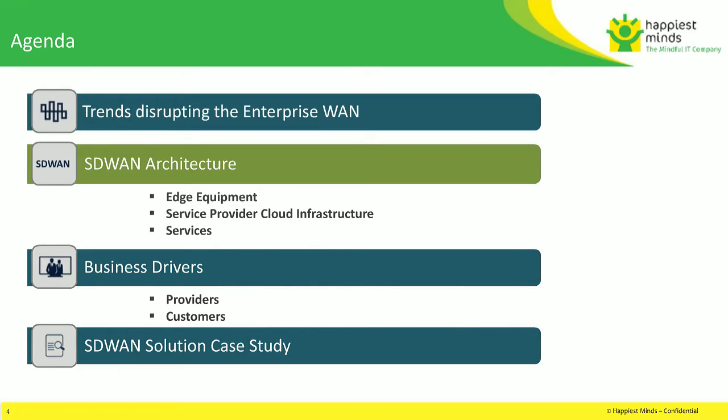So there are quite a few trends which are disrupting the traditional WAN as we know it. The first and the most important one is the revolution that is happening in the enterprise infrastructure. As all of us would be aware, applications are getting distributed across private, public, or hybrid clouds and offered as a service.